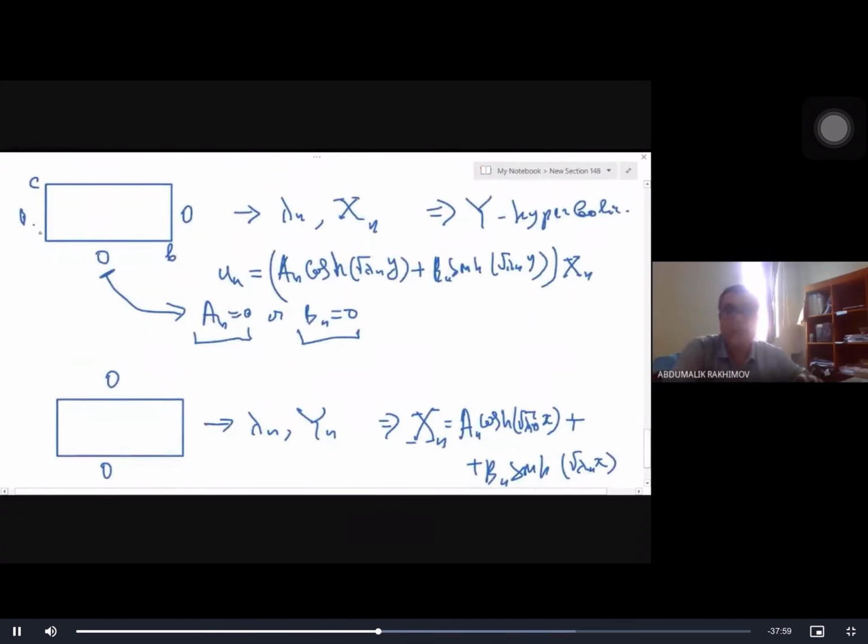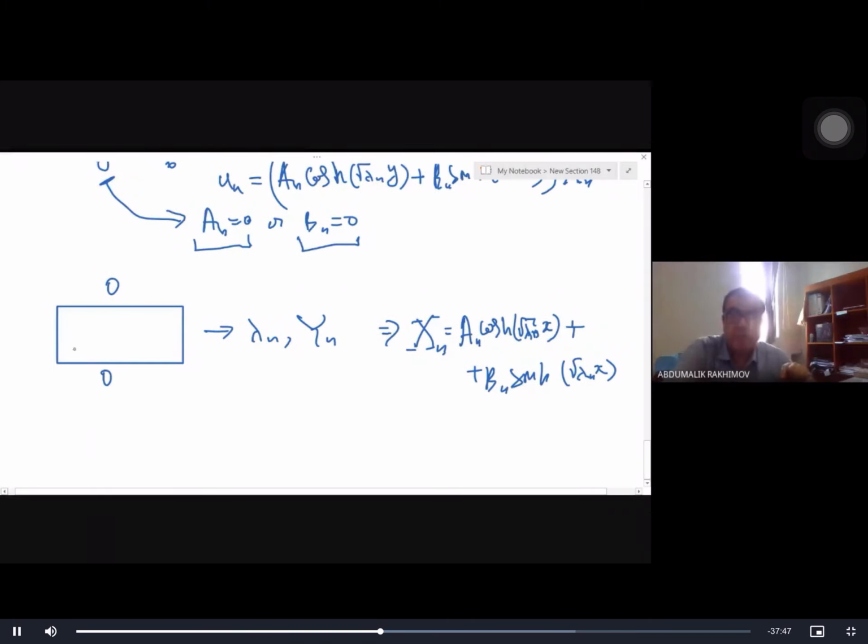So if you have two zero conditions with respect to x, then you will find xn and lambda n, and y will be hyperbolic. If you have zero conditions here, then you will have un as an cosine hyperbolic root of lambda n x plus bn sine hyperbolic root of lambda n x, times yn of y.